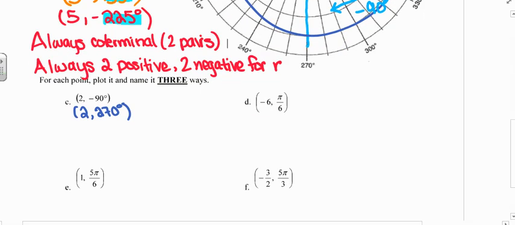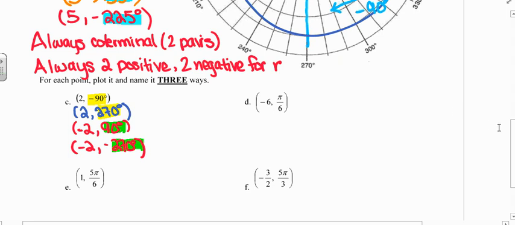So if I were to make my R value negative, again, I could have -2 with a positive 90 degrees, or -2 with a -270. But again, notice or pay attention to two positive R values, two negative R values, always those pairs of coterminal angles.